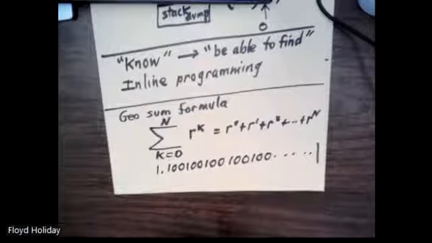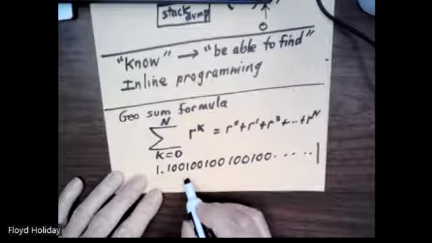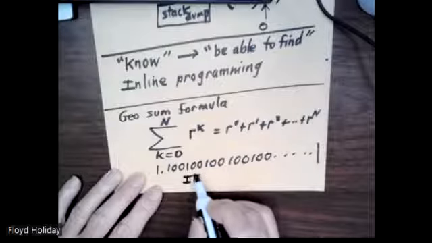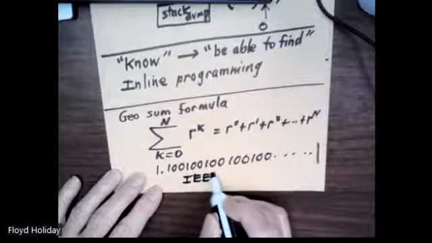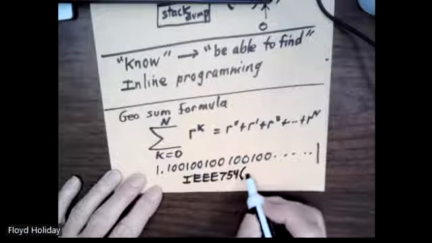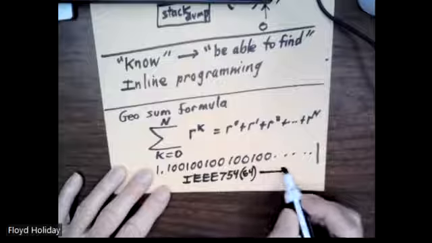Okay, that's when you have to translate. Let's put it down. You're converting between IEEE 754, either one, 64 bits or 32, to decimal.